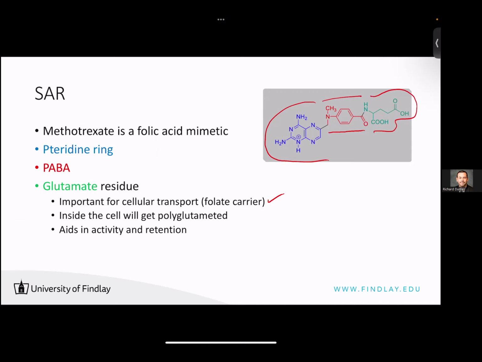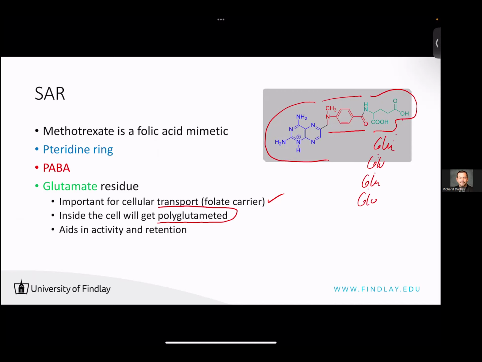And then once folic acid, and methotrexate in particular, gets taken into a cell, a cancer cell, that glutamic acid residue has additional glutamic acid residues added to it, such that it gets polyglutamated.